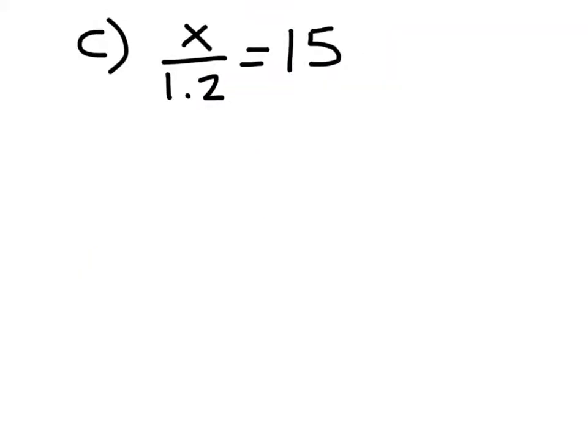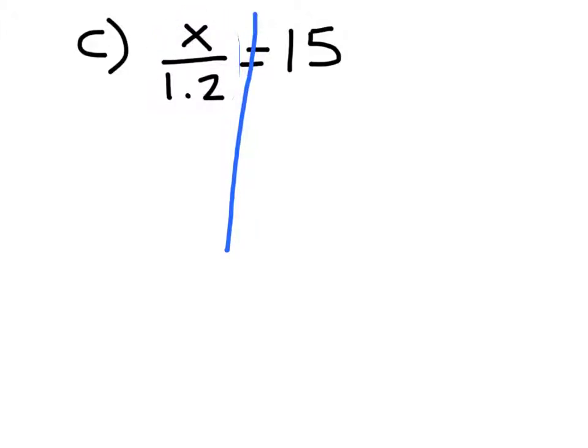Alright, on letter C here, notice what we have going on is we're still trying to solve this. So I'm going to split it into a left side and a right side. Our goal is to get that x all alone. Notice on the left side here, what's going on between that x and that 1.2 is division. So I need to do the opposite of dividing, which is multiplying.